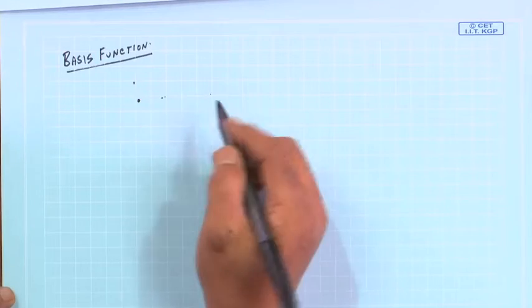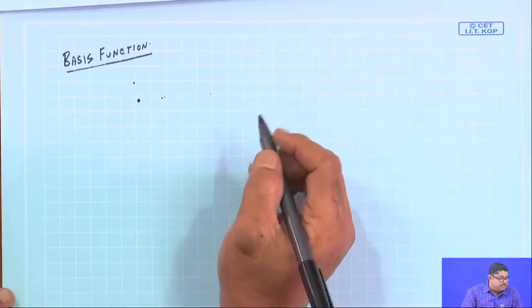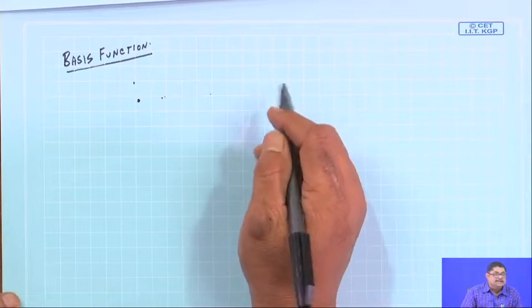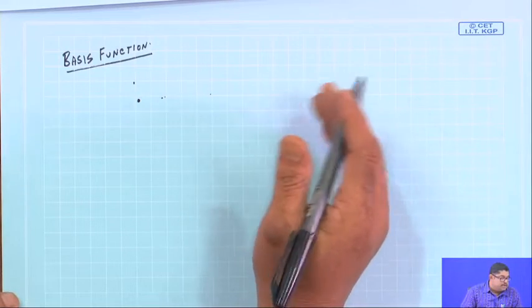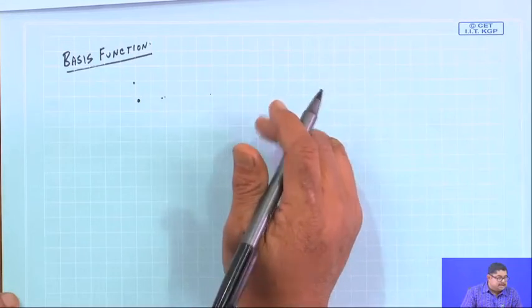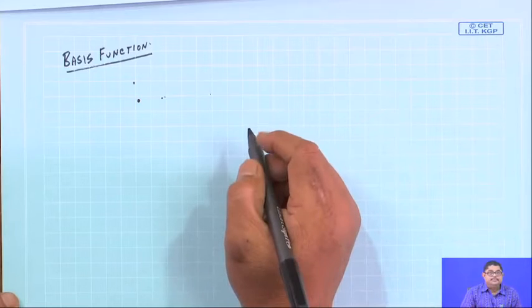Now, in general people choose basis functions as the set which has the ability to accurately represent and resemble the anticipated unknown function.